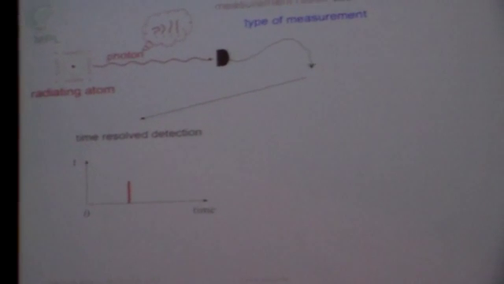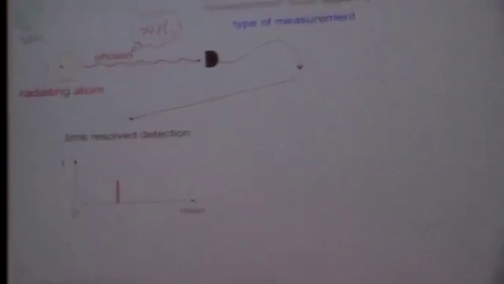So if we do this experiment once, we will get one click. Of course, this has to be not only a time resolved detector, it also has to be sensitive to single quanta. So we will see an electronic signal typically, because this output will be an electronic signal, and the width of the signal basically is given by the bandwidth of the detector.